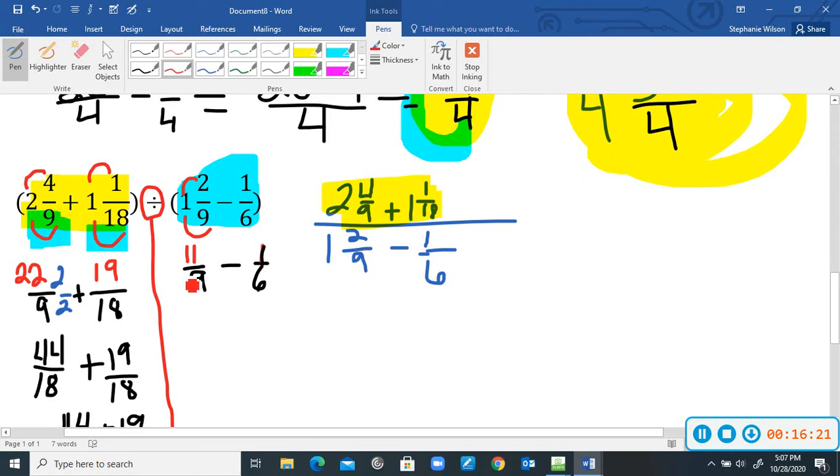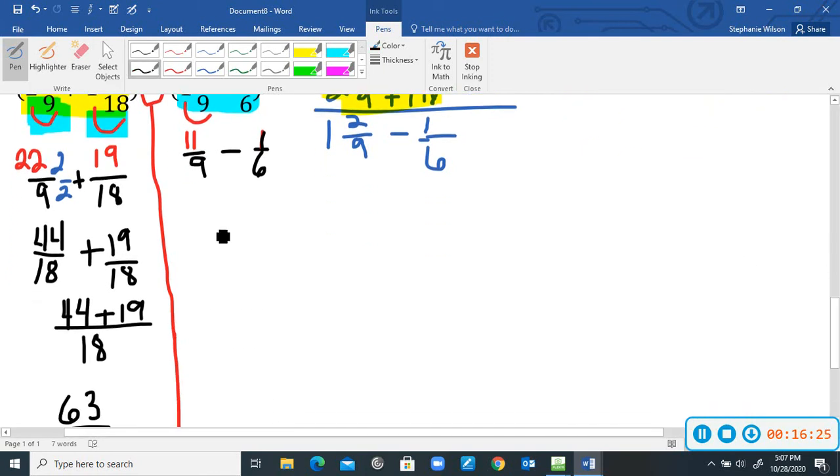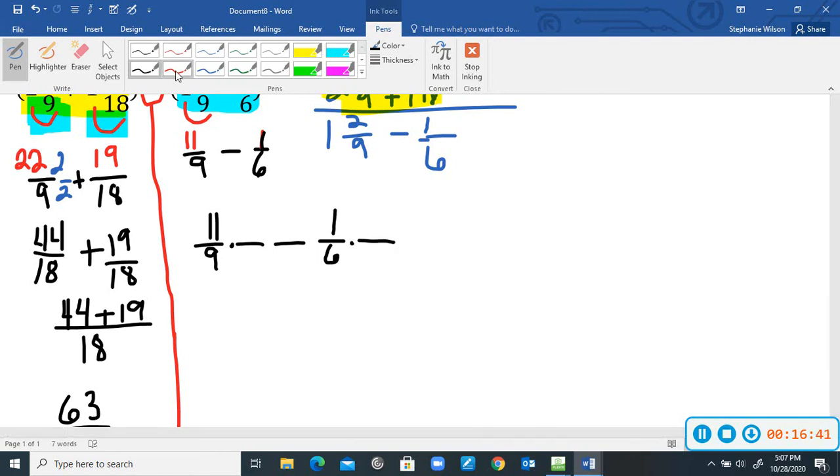So if I want this to become, let's go down a little bit. Let me take this 11 ninths. I'm going to multiply it by something to get 18 in my denominator. And I'm going to take this 1/6 and multiply it by something to get 18 in the denominator. So I know 2 times 9 is 18, so I got to multiply the top. I know that 6 times 3 is 18, so I got to multiply the top.